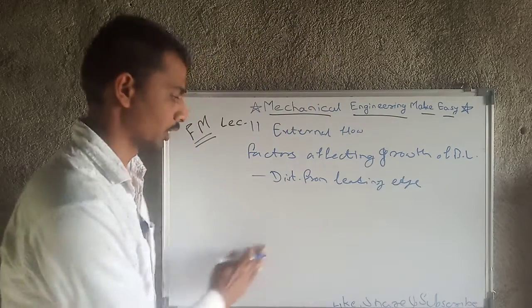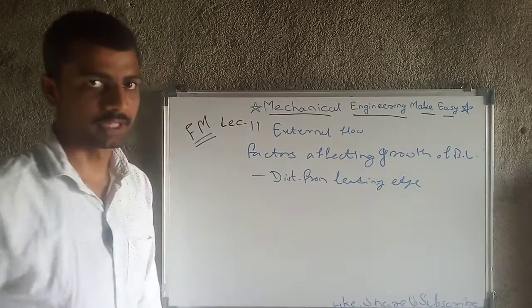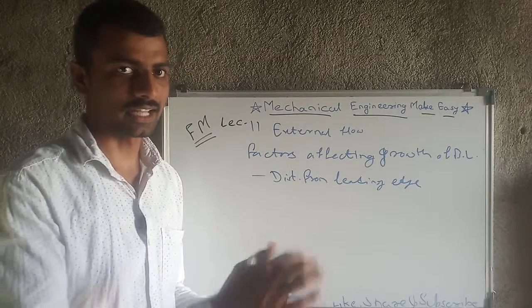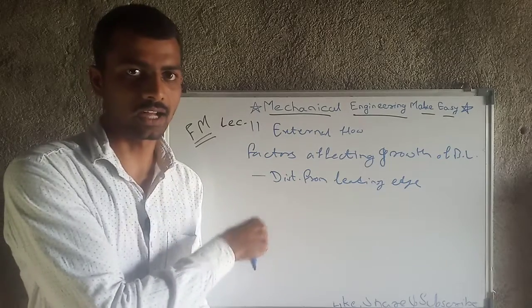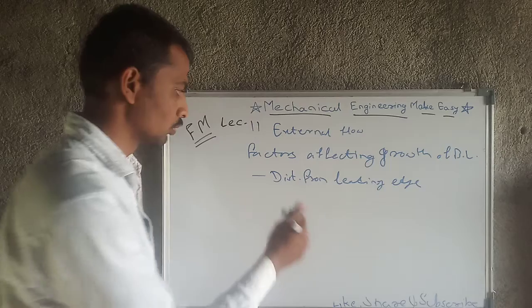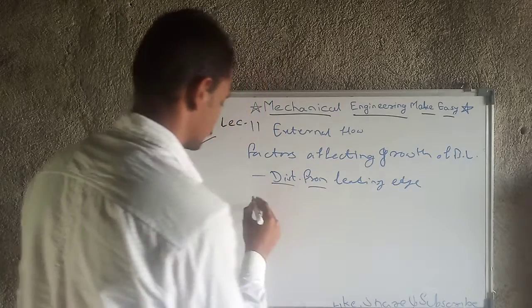As we have seen in the previous figure, as distance increases, the layer changes. At first there is a laminar layer, after that transit, and after that turbulent. So that's why the distance matters.